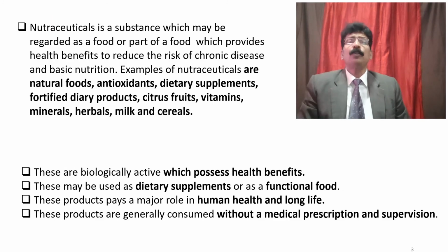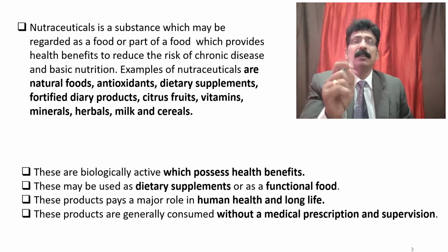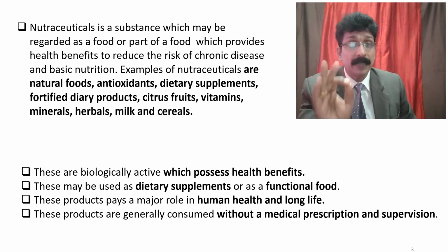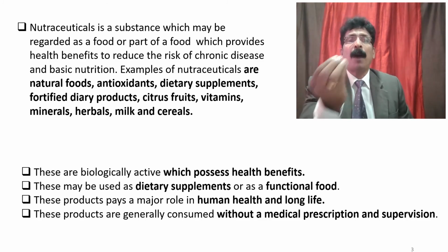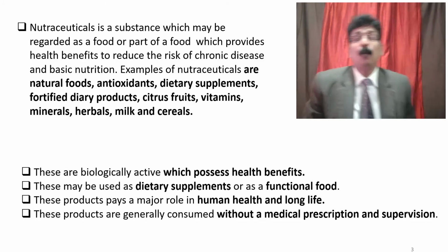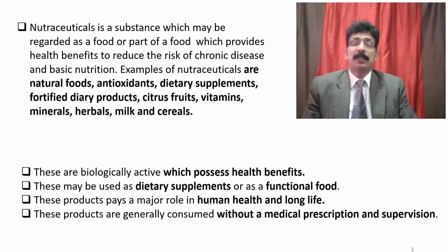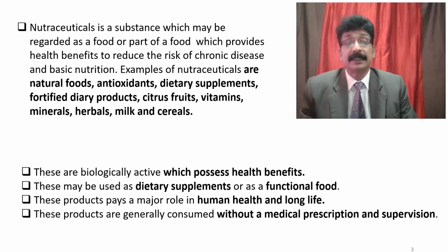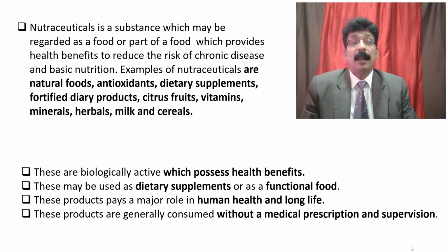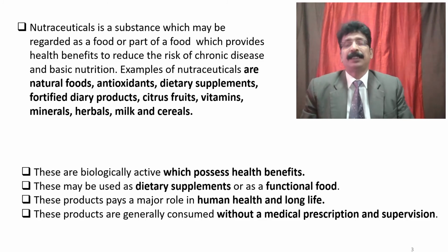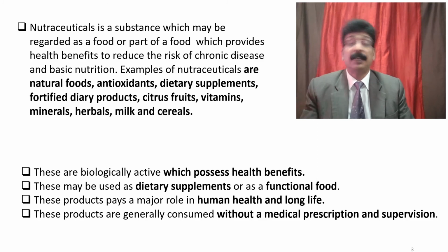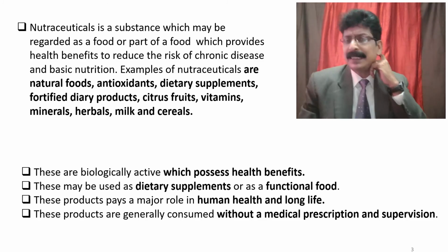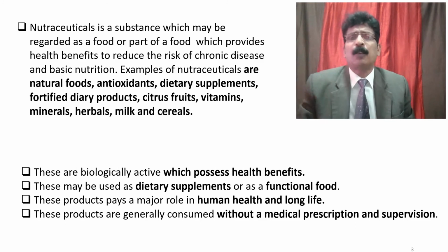So a nutraceutical is a substance which may be regarded as a food or part of a food which provides health benefits, to reduce the risk of chronic diseases and the risk due to basic nutrition deficiency. Chronic diseases can reduce the basic nutrition in our body.